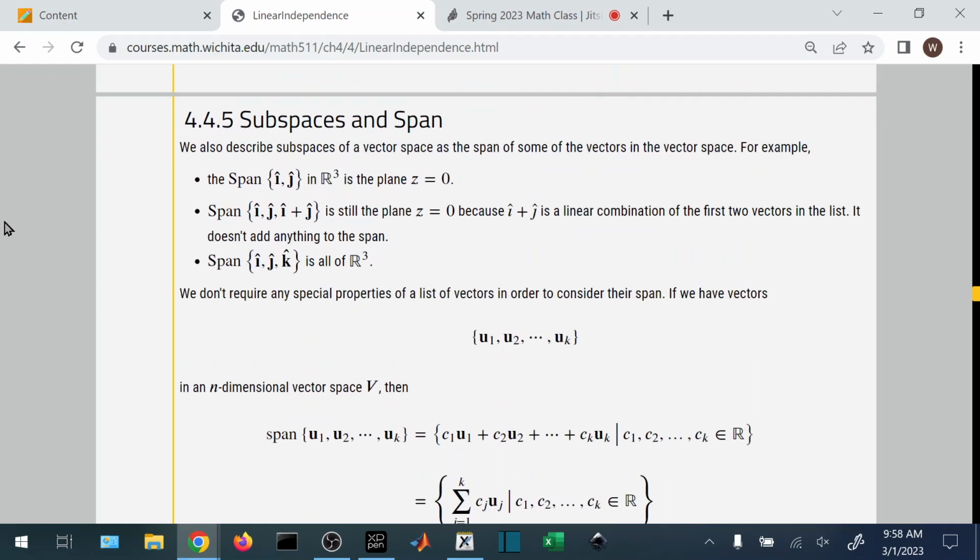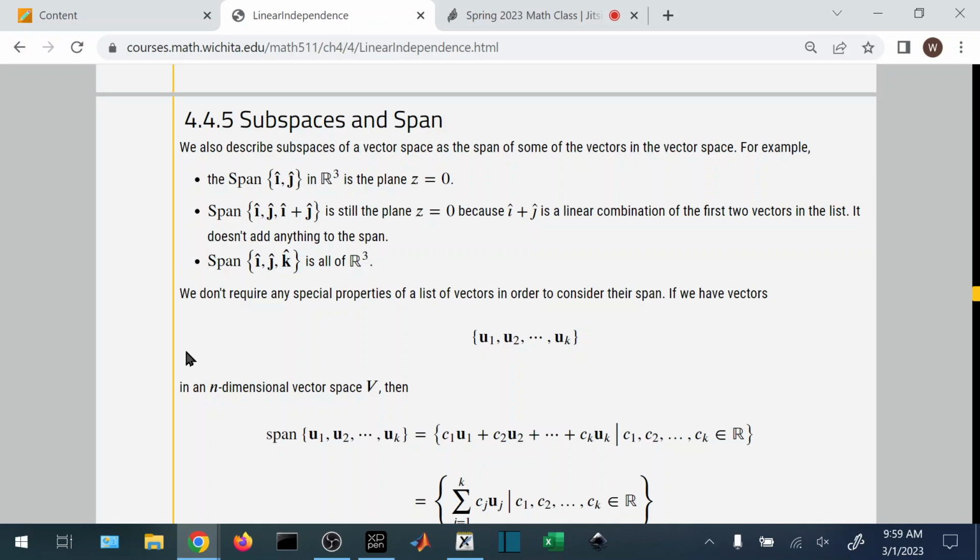What about the span of i hat, j hat, and k hat in R3? Are i hat, j hat, and k hat linearly independent? Yeah? Okay. And so their span will be a three-dimensional subspace of R3, but R3 is a three-dimensional vector space. So that must be all of it. That's the other thing you have to think about. If I'm in a three-dimensional vector space and I'm asking myself, what's the span of 6 vectors?